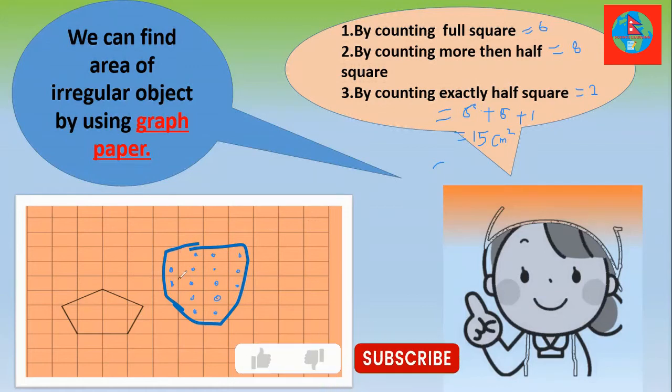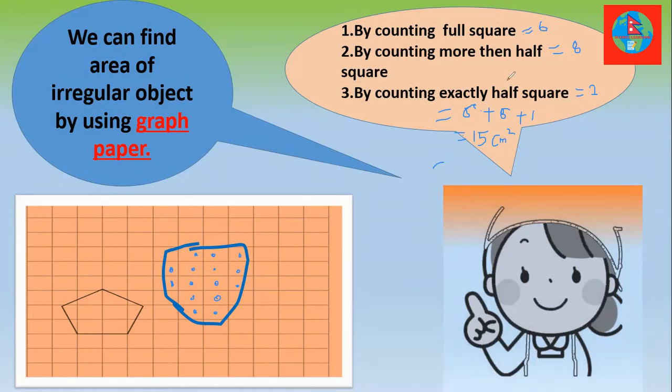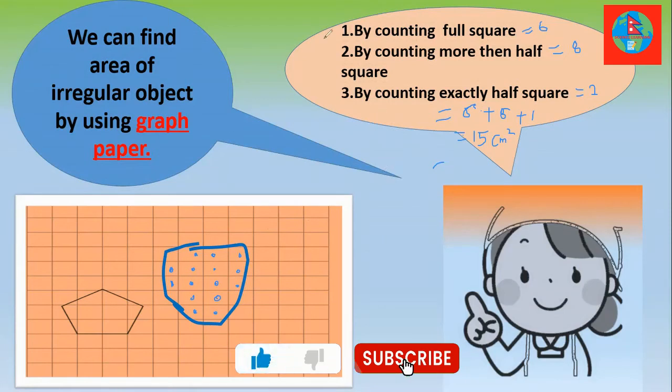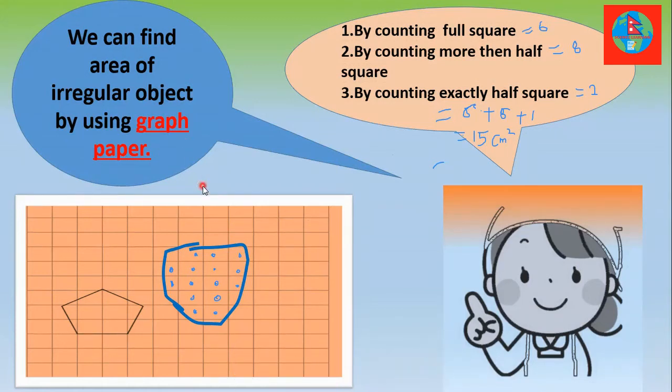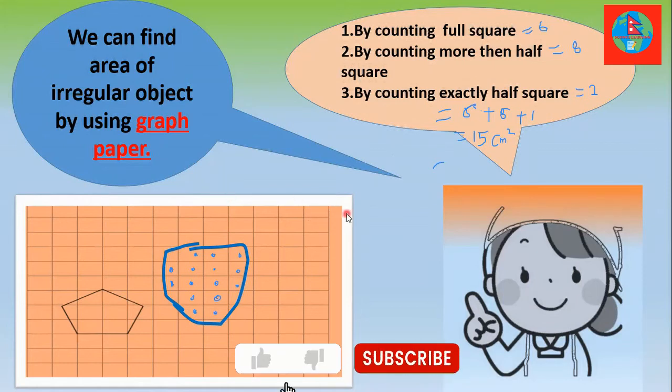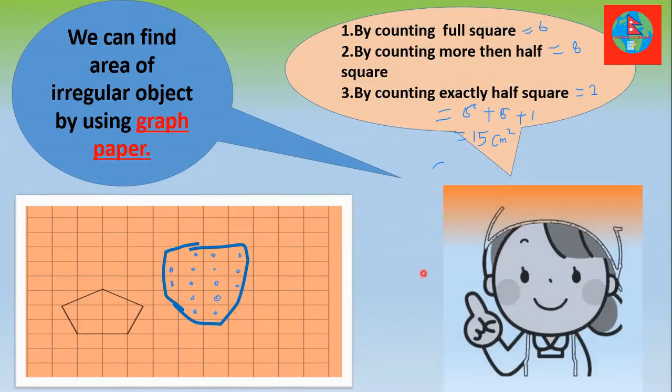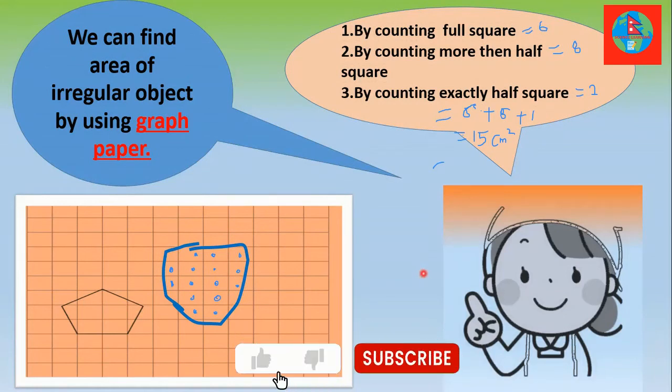Then you sketch out any type of irregular object. Then you apply this rule, and you easily find out the area of the irregular object. Are you understanding well? If you have any confusion, then you write in the comment box. I will try to solve it for you.